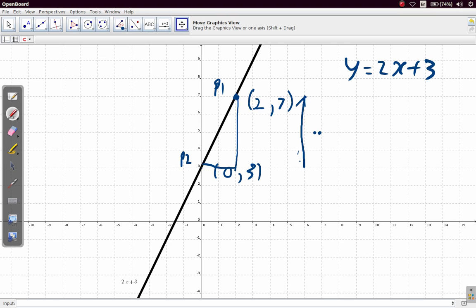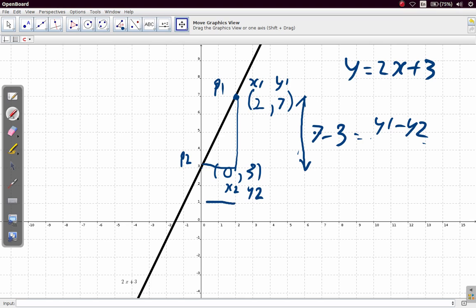So, this rise or this height is the difference between 7 and 3. Now, we can say the height here is 7 minus 3, which is the rise. Since we consider this as point 1, we call this x1 and this y1. And since we consider this as point 2, we call this x2 and this y2. Now, 7 minus 3 is the same as y1 minus y2. You see that? That's the rise.